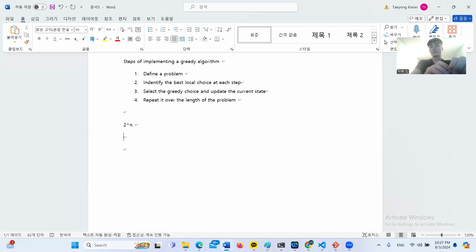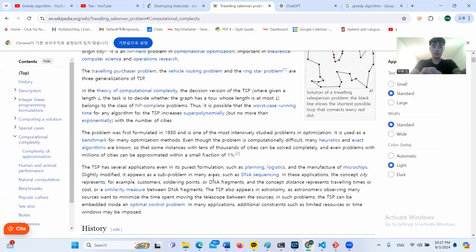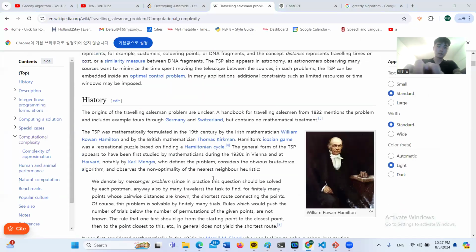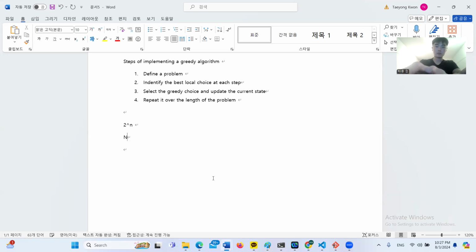But if you use a greedy algorithm, for instance with a heap, it will reduce the time complexity by miles. This will bring down the time complexity to n square. So there's a really big difference.